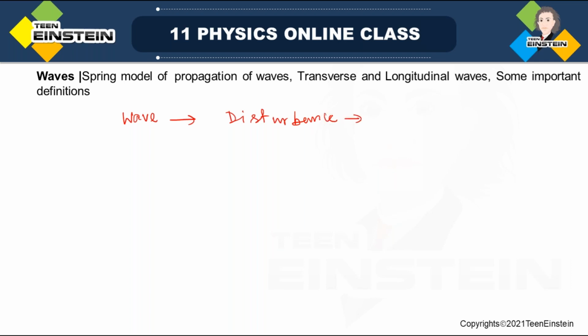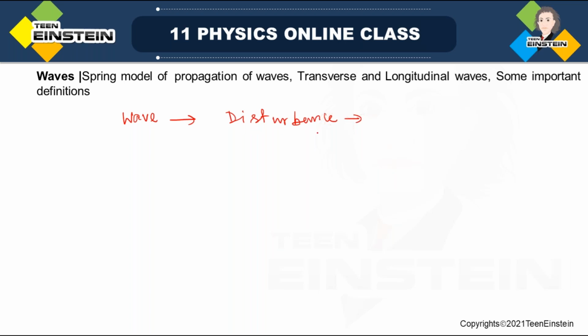Actually, there is a nice example of a wave or disturbance. In a cricket gallery, when people cheer up the players, they move in a particular direction.